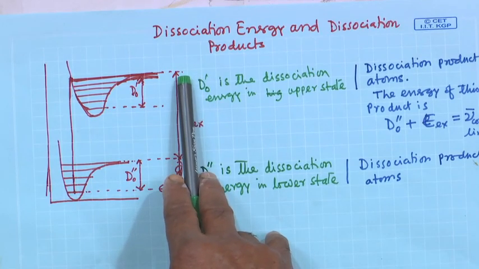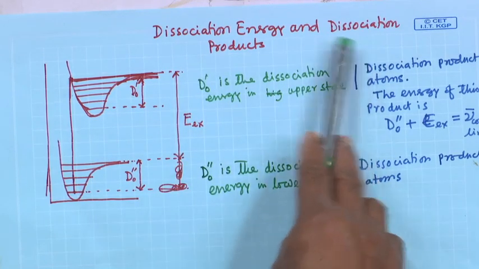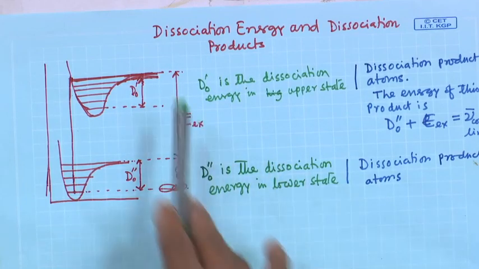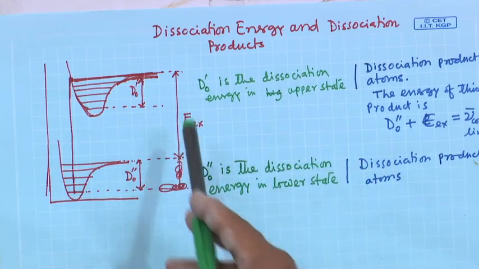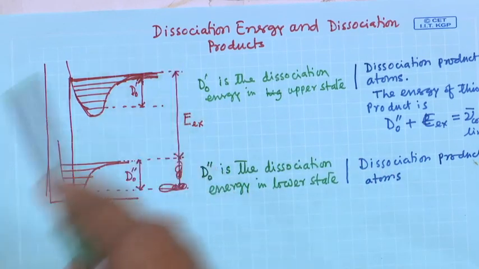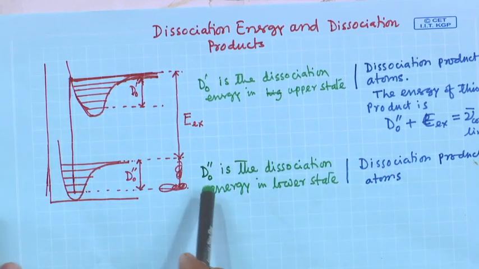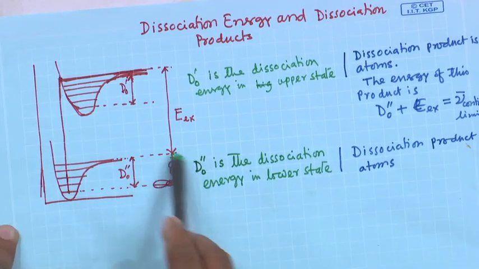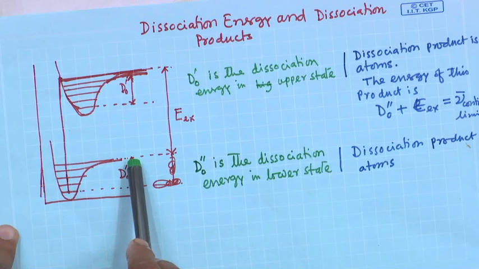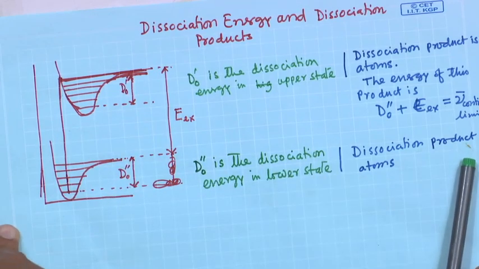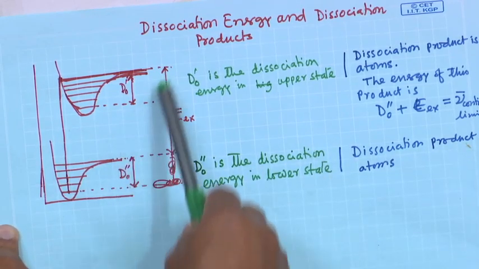So, what will be the energy of the dissociation product, that basically is atoms? Here, in this case, whether it is D0 dash or double dash, the dissociation product is basically atoms in both cases.